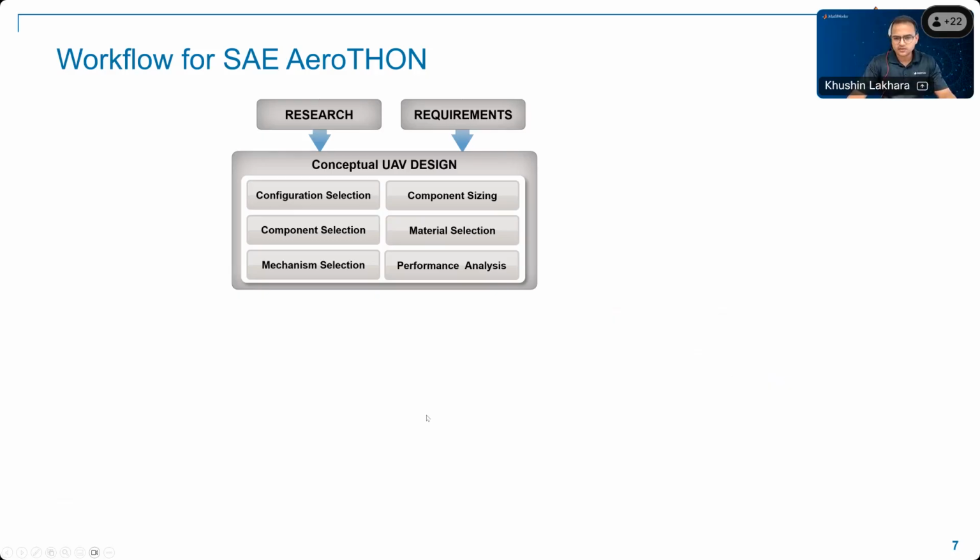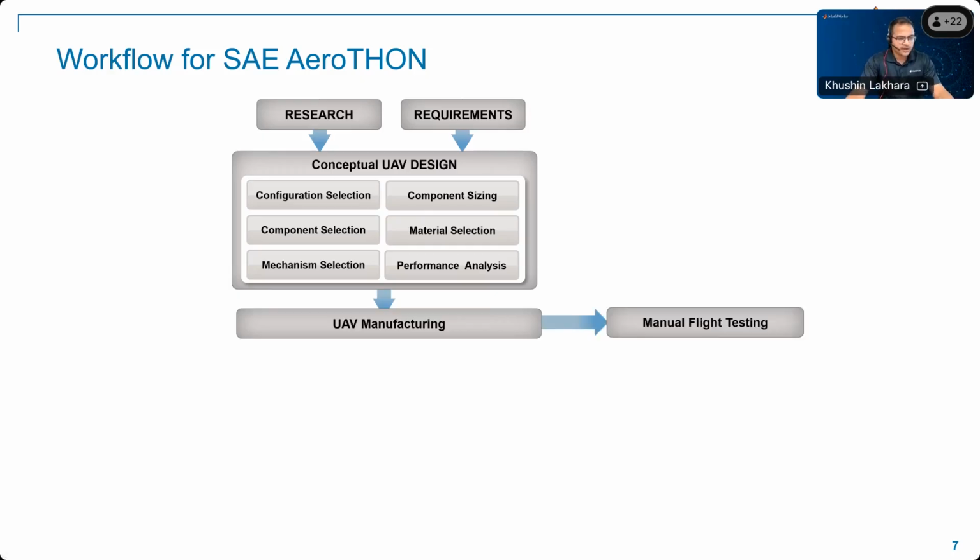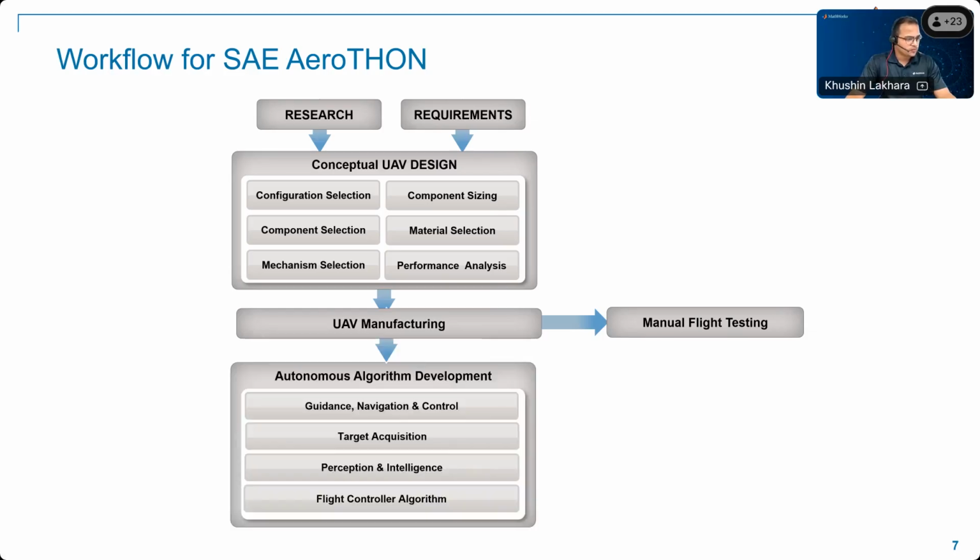They select their mechanism to drop or pick the payload. Once that's done, they go for UAV manufacturing and do manual flight testing. Flight testing tells a lot about the flight performance, because that's what you are going to perform in the actual competition. And moving forward, to make it smart or autonomous, they work on guidance, navigation, and control algorithms.